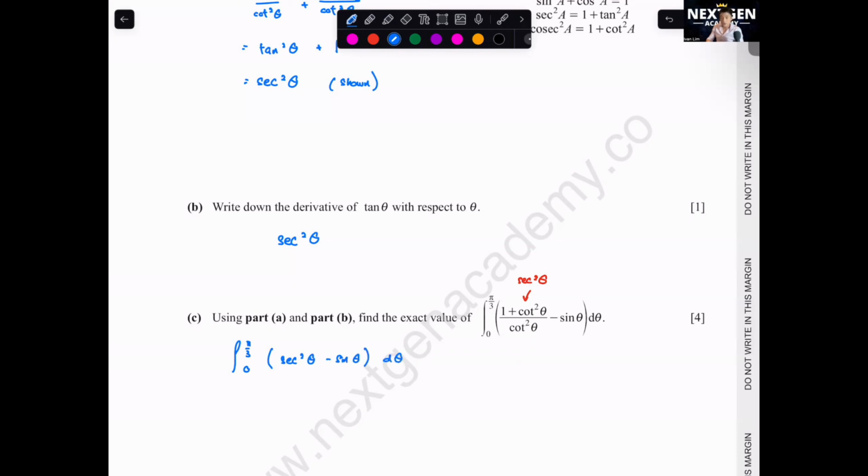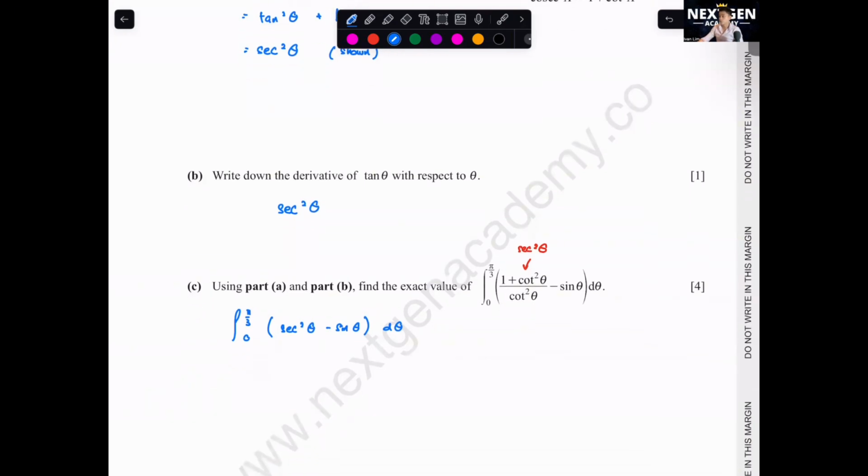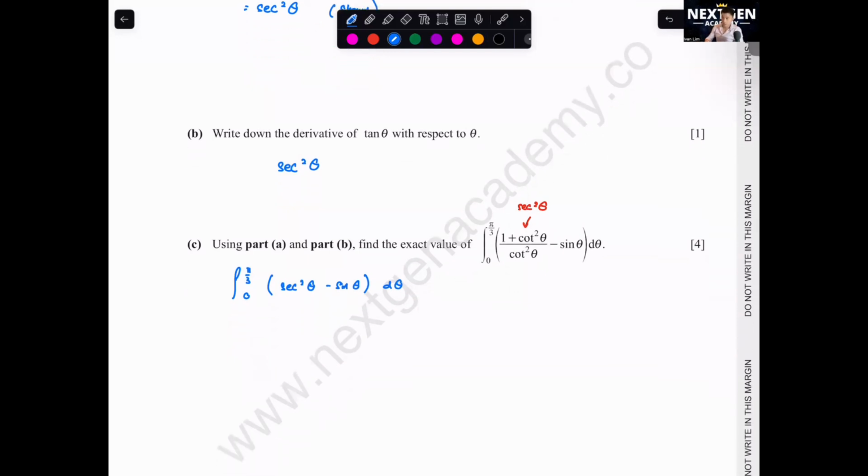When we integrate secant square theta, 1 over cos square x is also secant square x. It's the same thing. We don't need to use the 1 over cos square x, but if you use it, sometimes you may prove it to 1 over cos square x also can. There are other methods normally showing it.